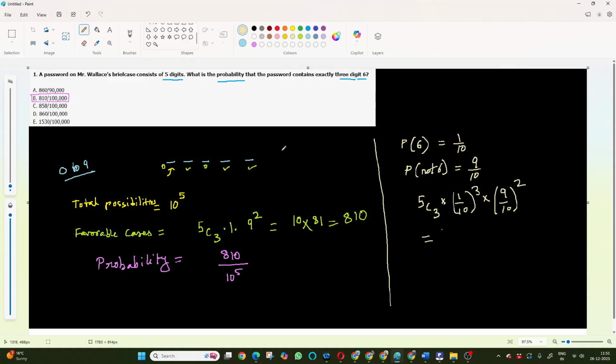If you calculate, 5C3 is 10, 1 by 10 cubed is 1 by 1000, and 9 by 10 squared is 81 by 100. This evaluates to 810 in the numerator and 100,000 in the denominator. So I've got five zeros here. Now you can see that this matches our correct answer, choice B. All right, thank you.